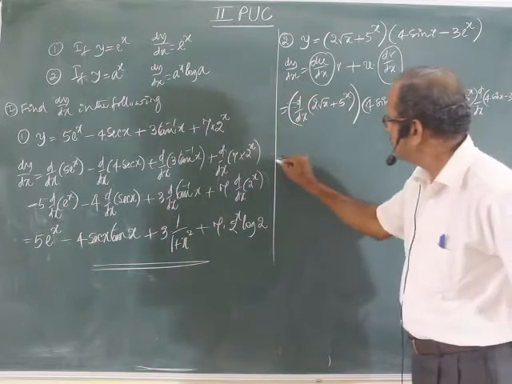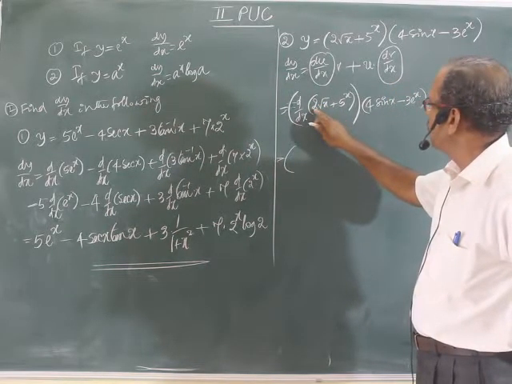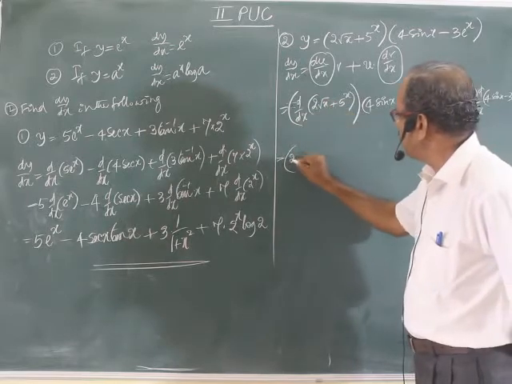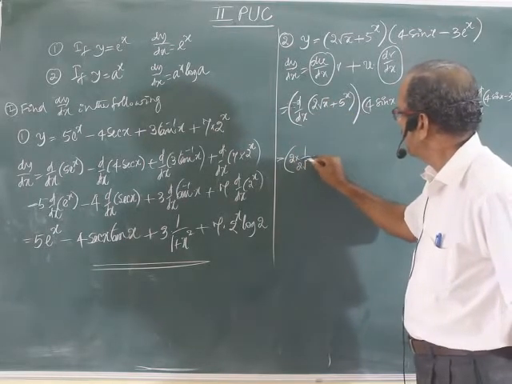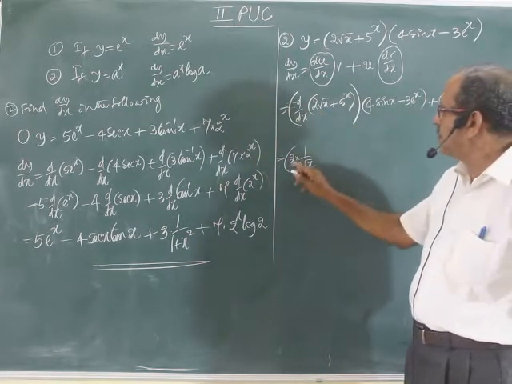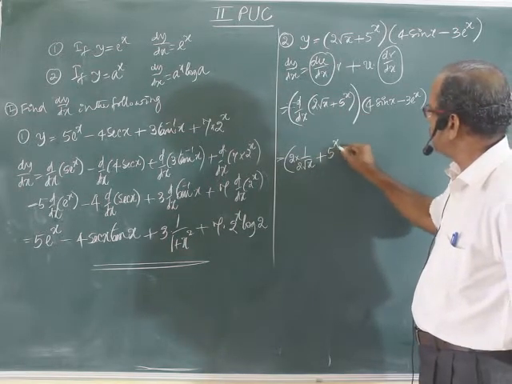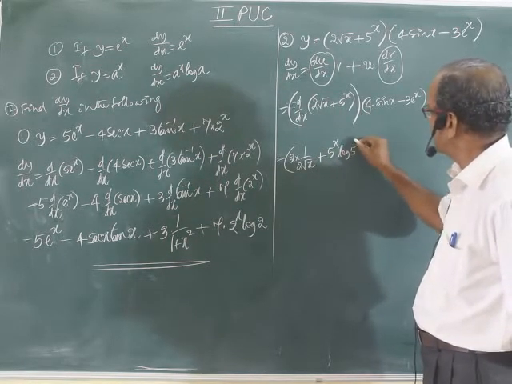Equal to, carefully write the derivative: 2 into 1 by 2 root x, because the derivative of root x is 1 by 2 root x. The constant you have to write as it is. 5 to the power x, it is 5 to the power x into log 5. Just we finished that.